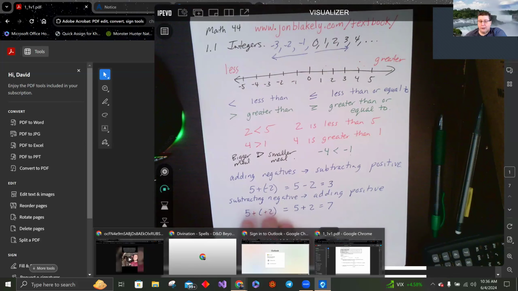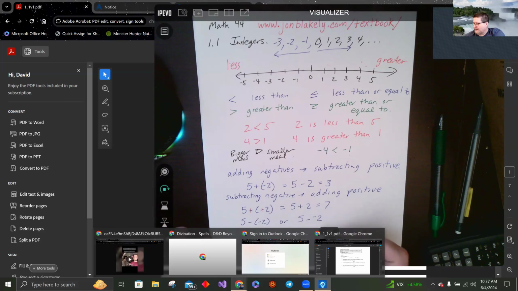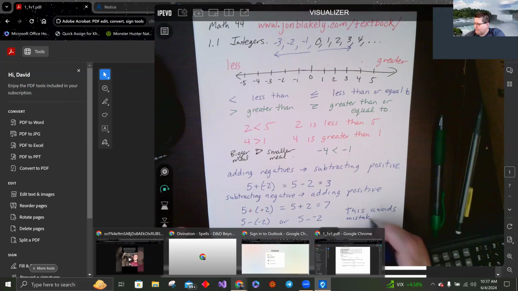Generally, you want to use parentheses: 5 minus (-2). Or if you're writing it out, you want to elevate one of them a little bit higher than the other. If you're not going to use parentheses, you should use parentheses. This avoids mistaking the negative as part of the minus sign.